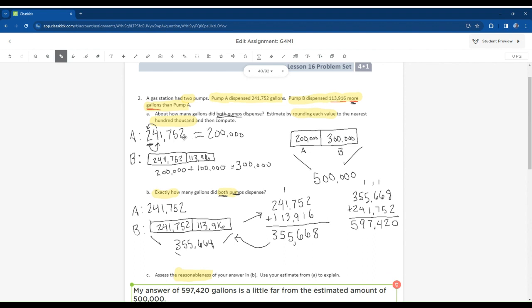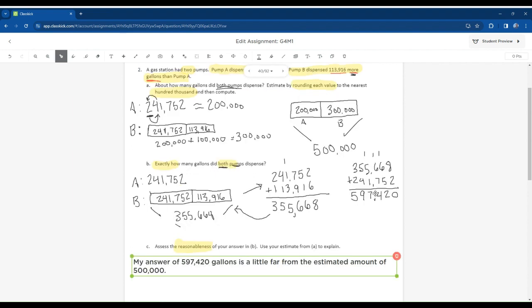So take into account what we did up in part A as well. In both instances, we needed to round down. So from 241,000 to 200,000, we had to round down, and we really cut off 41,752. Same thing down here in part B. So we rounded down. So we're really leaving out 13,916. So that really should crop back up when we do our estimated amount. Since we rounded down, our actual amount should be a little bit greater than our estimated amount.